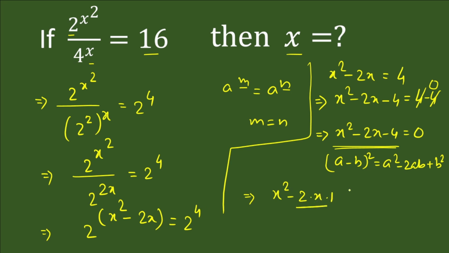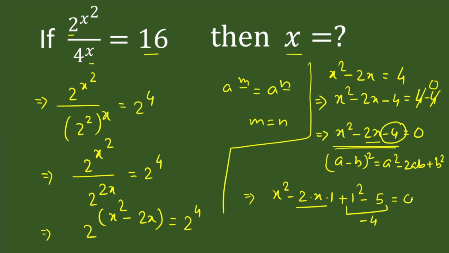So this expression will become minus 2x, and next we will write plus 1 squared. Previously we have negative 4, so we'll have to make negative 4, so here it is 1, so we'll have to add negative 5 to it, so that we can get negative 4. So the value of this term becomes negative 4, and we have negative 4 previously. So here we have balanced the left hand side.